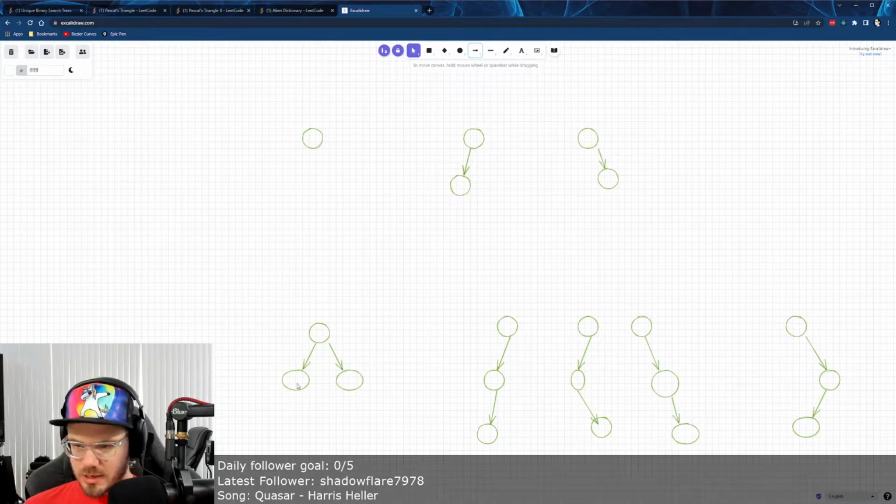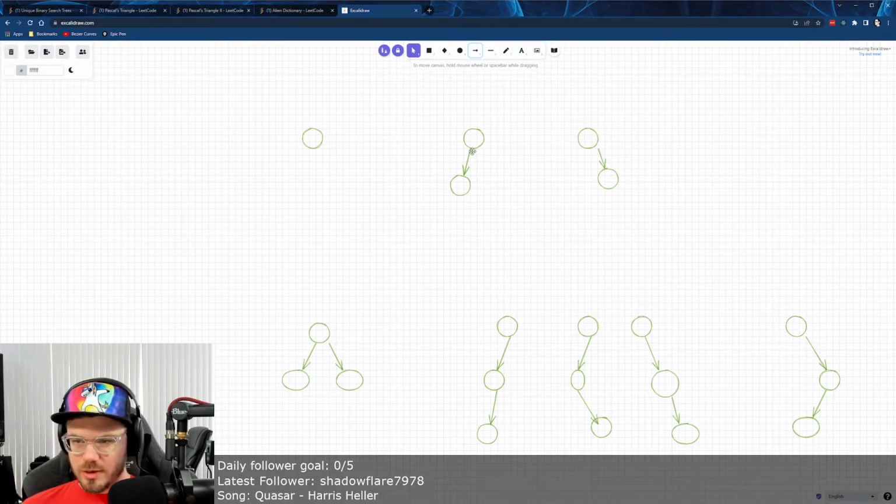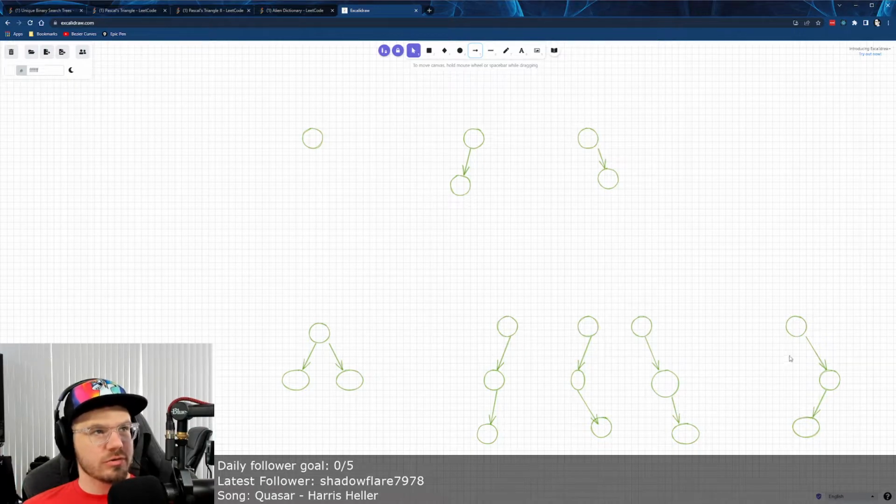But then this case also: this would be the case where you take the new node and make it the right child of this, or the left child of this one. These cases right here are when you take the new node and make it the root of the new tree.